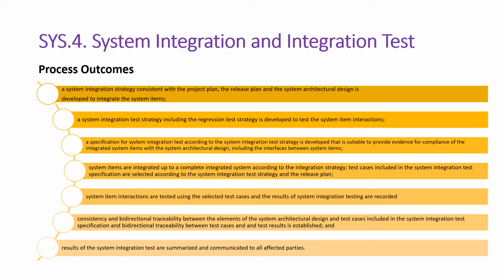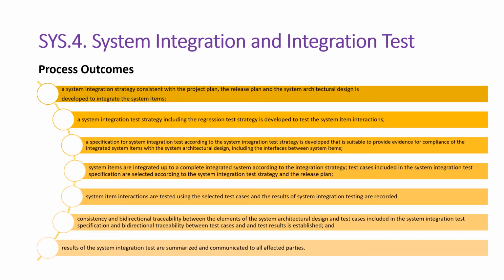Test cases included in the system integration test specification are selected according to the system integration test strategy and the release plan. System item interactions are tested using the selected test cases, and the results are recorded.